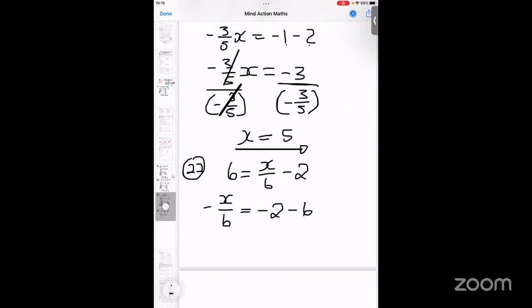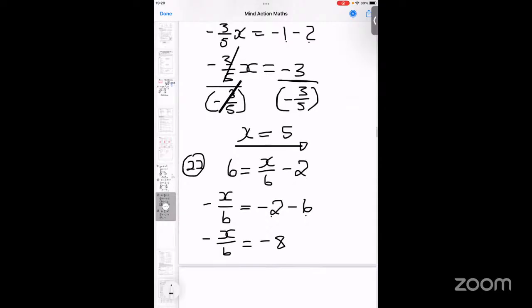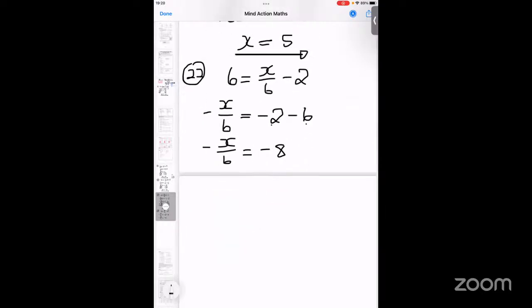Negative 6 goes to the left. And then I'm having negative x over 6 equals, and that will definitely give you negative 8. I want you to be aware of something.